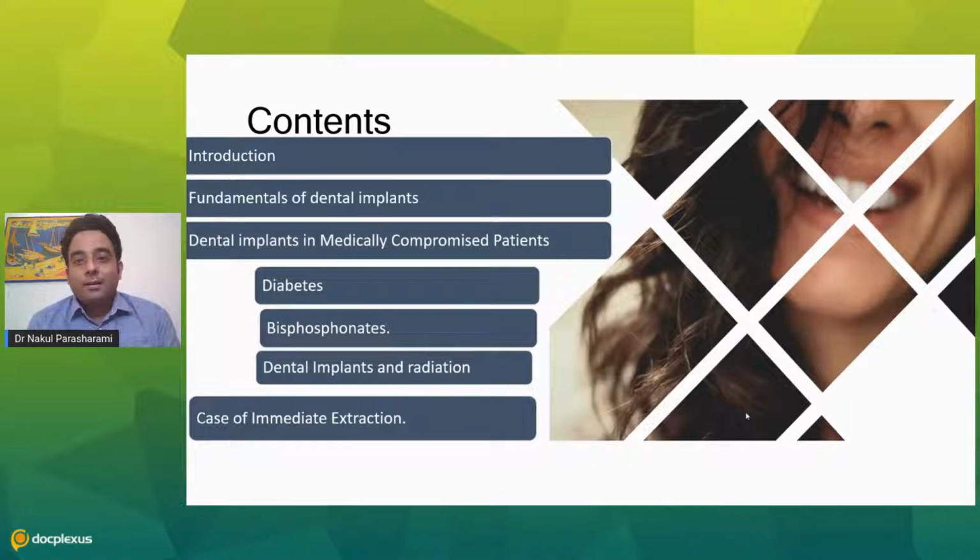The entire reason for giving this presentation is that the basic fundamentals of dental implantology have their origins in orthopedics, and I'll be discussing that in greater detail in the forthcoming slides. So even though it is an out and out dental procedure, the fundamentals remain the same as there is an interface with the bone.